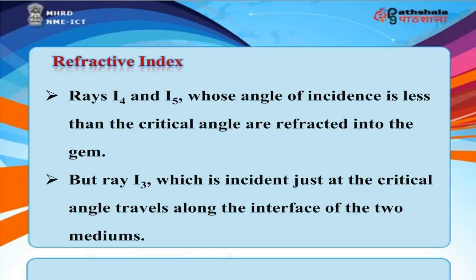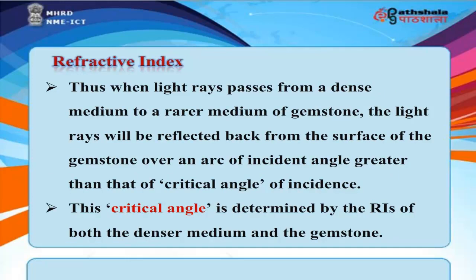But ray I3, which is incident just at the critical angle, travels along the interface of the two mediums. Thus, when light rays pass from a dense medium to a rarer medium of gemstone, the light rays will be reflected back from the surface of the gemstone over an arc of incident angle greater than that of critical angle of incidence. This critical angle is determined by the refractive indices of both the denser medium and the gemstone.